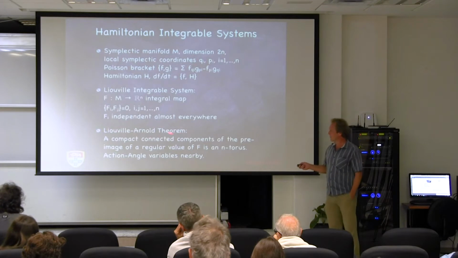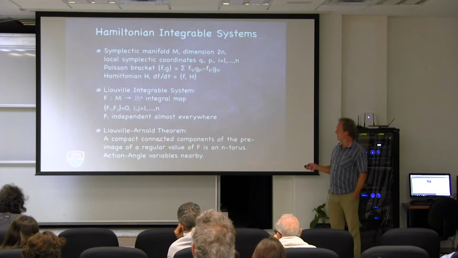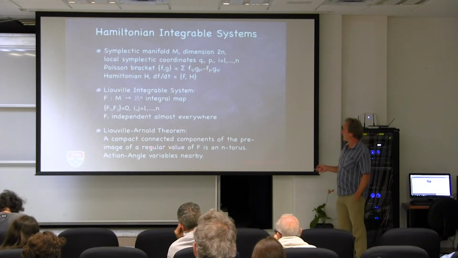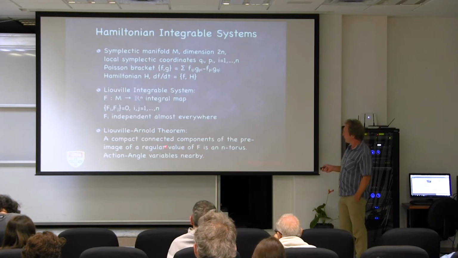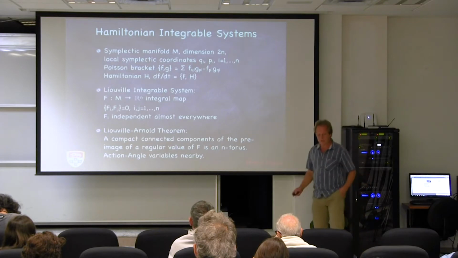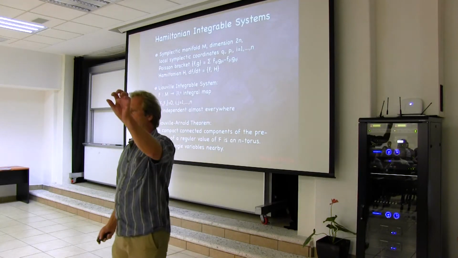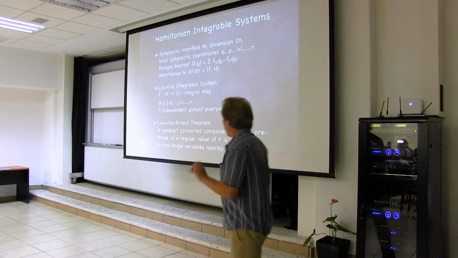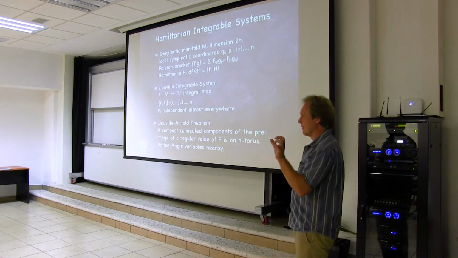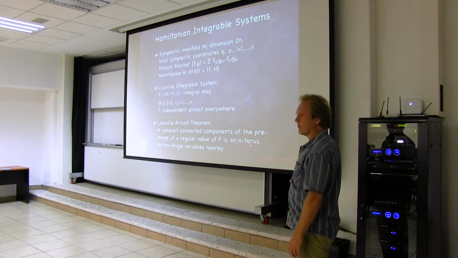So then the most important theorem is the Liouville-Arnold theorem, which says that if you have a regular value of this F, then look at the preimage of this regular value and pick out a connected component of that preimage. And if that is compact, then it's an n-dimensional torus.